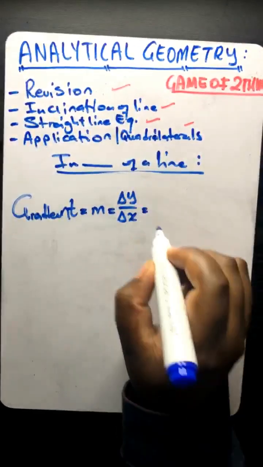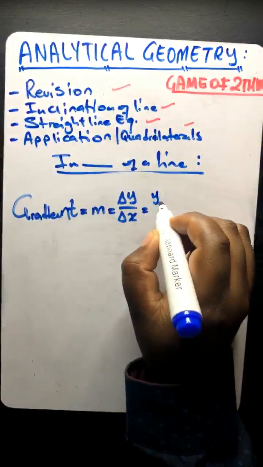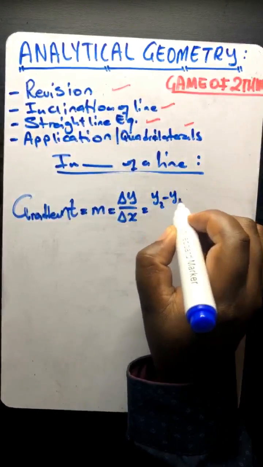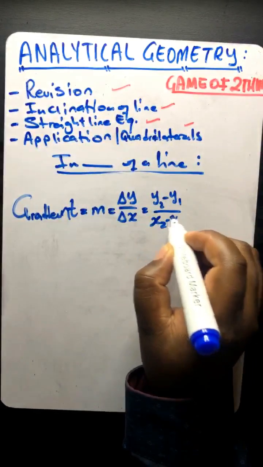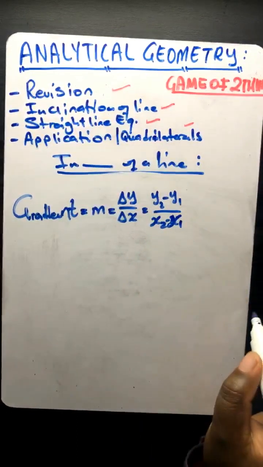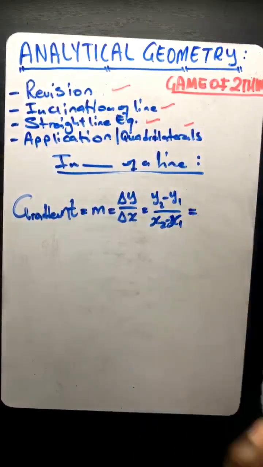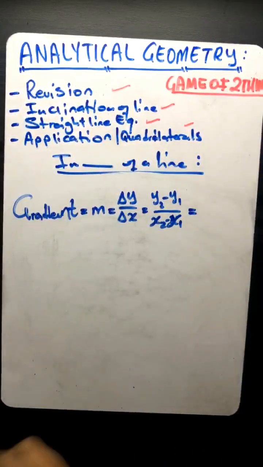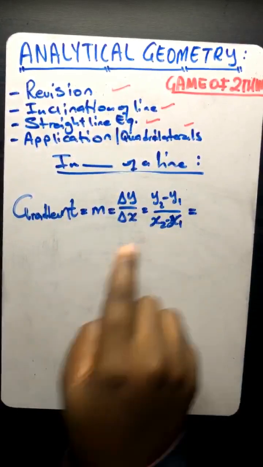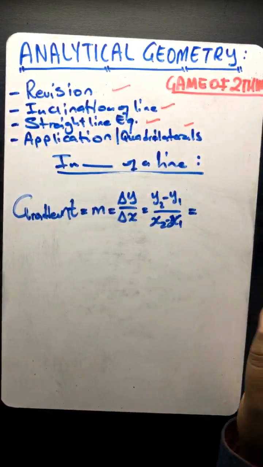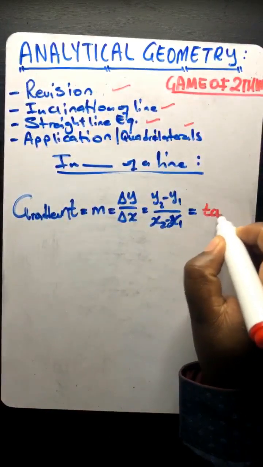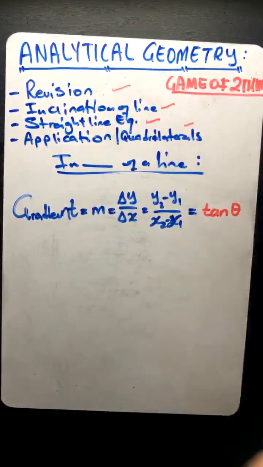And I just explained that this is delta y, which means y2 minus y1 over x2 minus x1. This is something that I want you guys to be aware of. This formula is the same as this trig ratio, being tan angle.